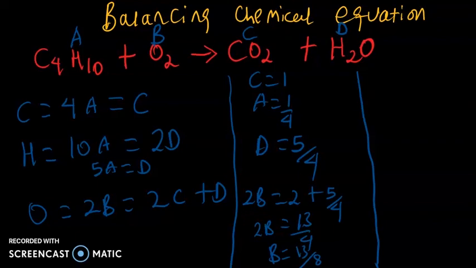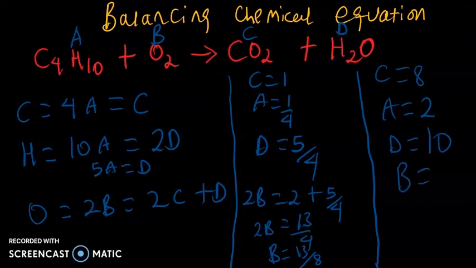So we have to multiply all the alphabets by 8 in order to end up with a whole number for all of them. So C becomes 8 because 1 times 8 is 8, and A becomes 2. 8 divided by 4, that's 2, and then D becomes 10, and B becomes 13.